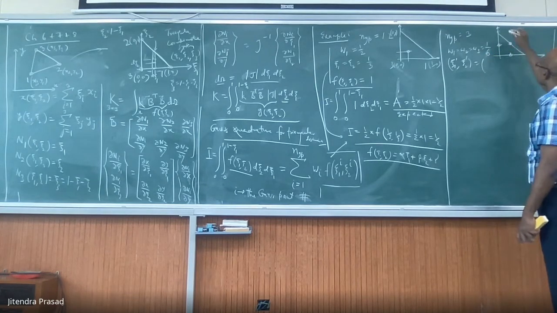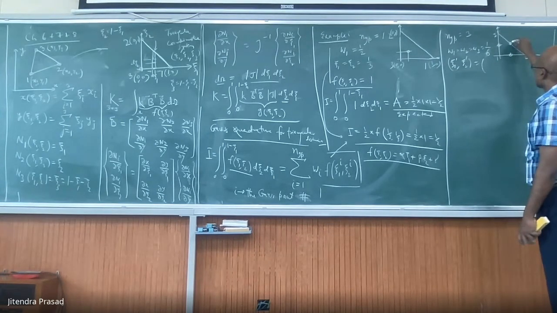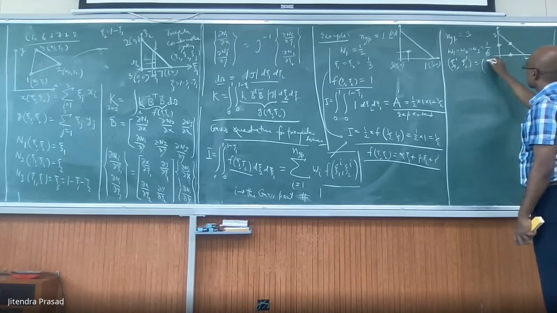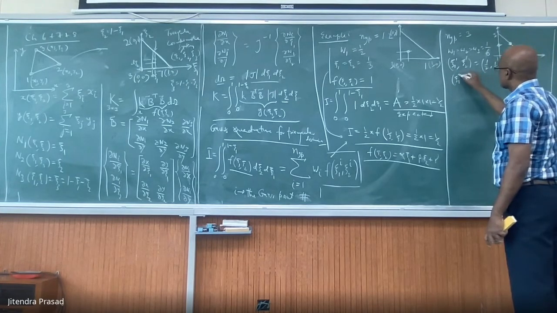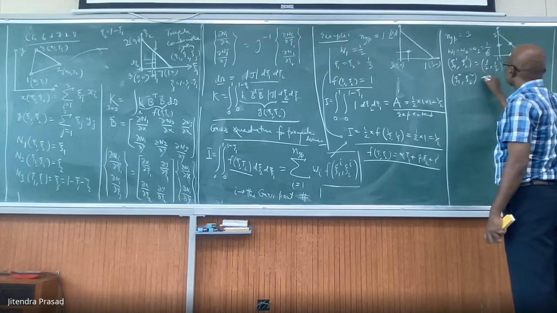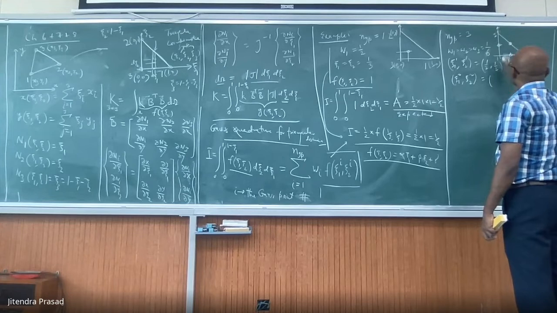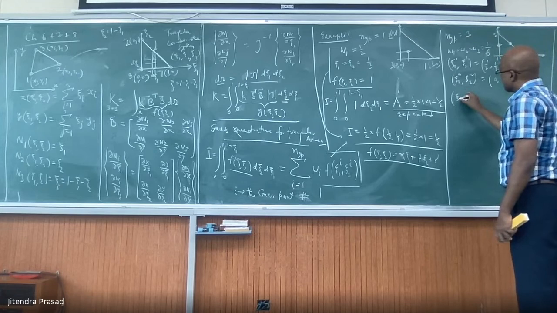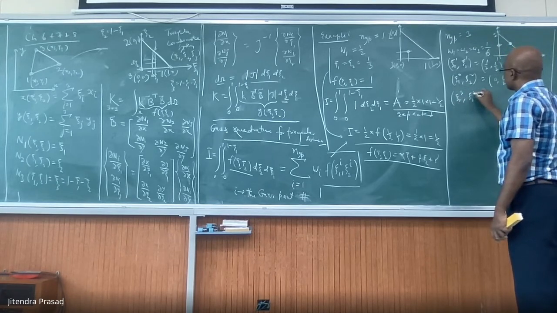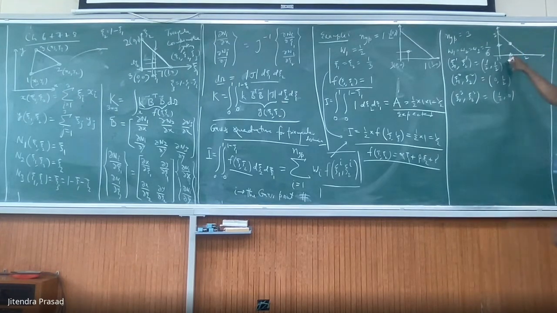So 1, 2, 3. Let's say we start from here. So we'll say this is half and half. Xi1,2, xi2,2 will be this one, so 0, half. Xi1,3, xi2,3 is equal to half, 0. This one.